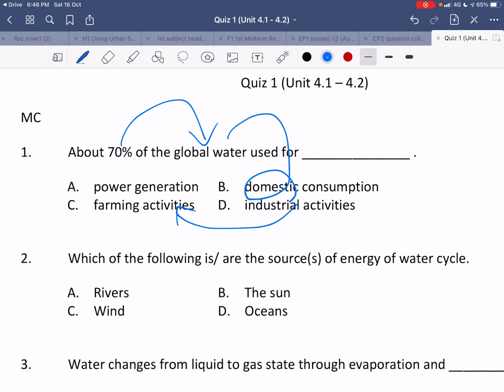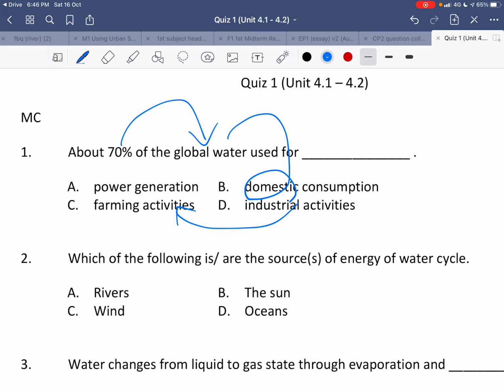Let's think about it: you need a lot of water to raise cattle, you need a lot of water to raise different kinds of livestock, and also our major food that we eat, which is rice, also uses a lot of water to grow. So accordingly, farming activities use most of the global water indeed.